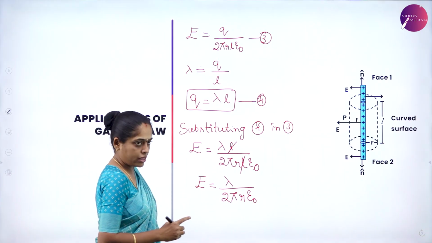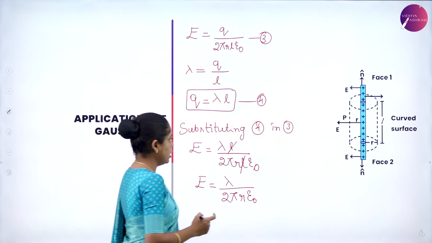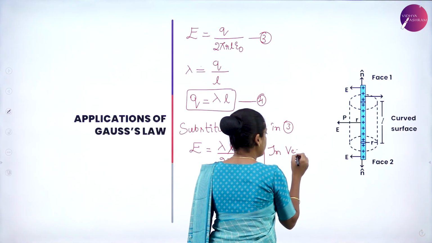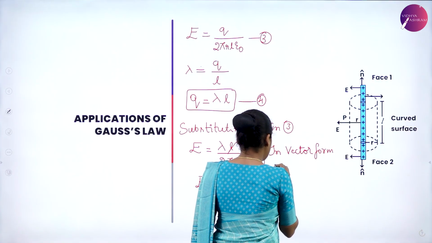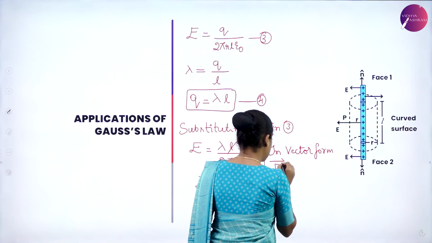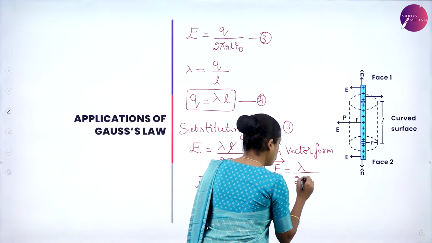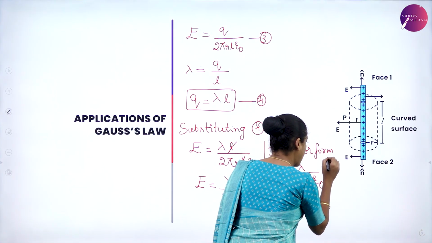This gives the magnitude, but the electric field is a vector quantity. So in vector form, the electric field E vector is equal to lambda by 2 pi R epsilon naught n cap.